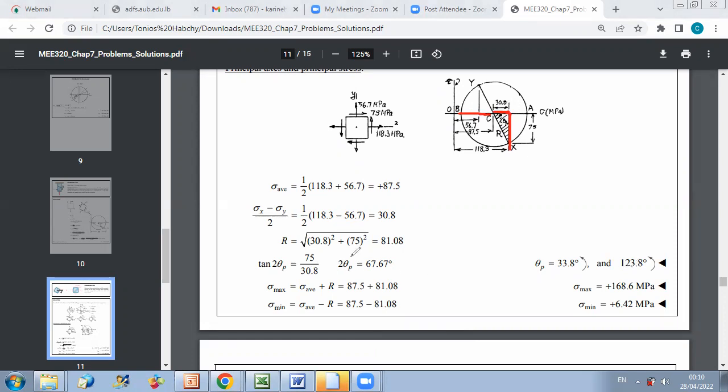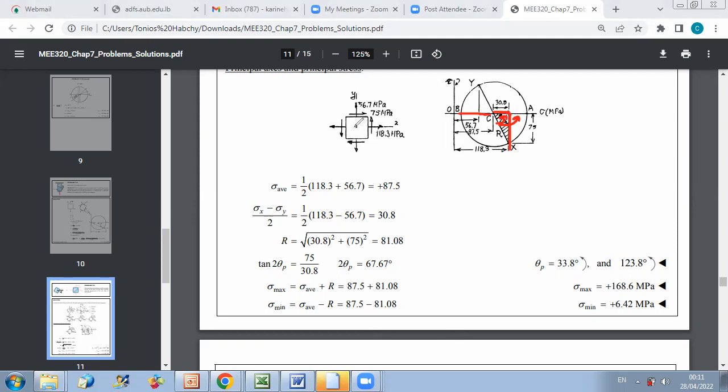Now, once I have this orientation, I can detect the orientation of principal axis with respect to my element. So if I go to my element, I can see here that I'm rotating in the counterclockwise direction in angle of 2 theta p from x to the principal axis.